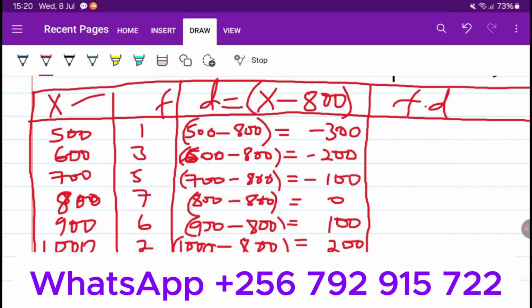Then you multiply. We are multiplying this frequency with the d. So we get 1 times the negative 300, that will give you a negative 300.